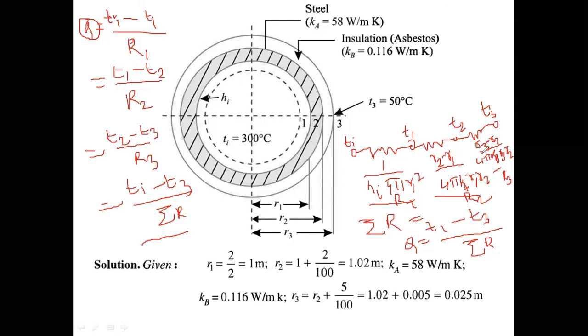Okay, then write down this equation, and find out the requirement. If you find out the heat loss, then you can apply any one equation. If you find out the intermediate temperature, then any equation you can apply.